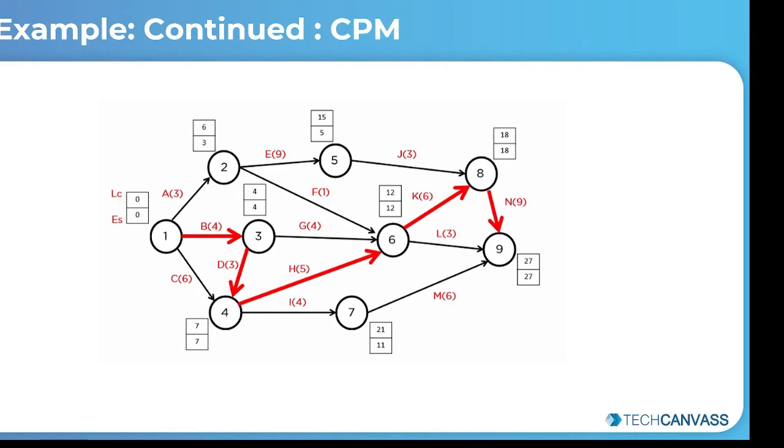You just have to remember the formula of backward pass, which is the latest completion time of the head node minus the distance between the two. So the latest completion for this node will always be equal to its ES. So the latest completion for node 9 is equal to 27.